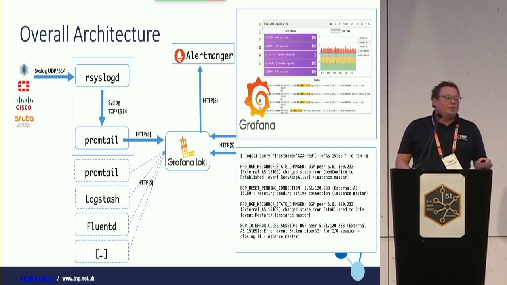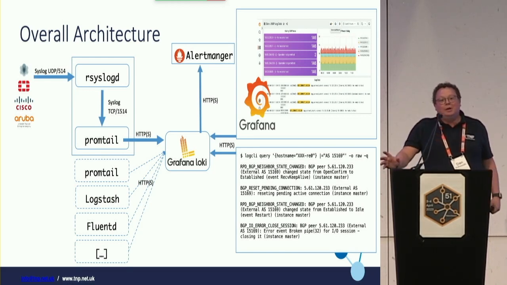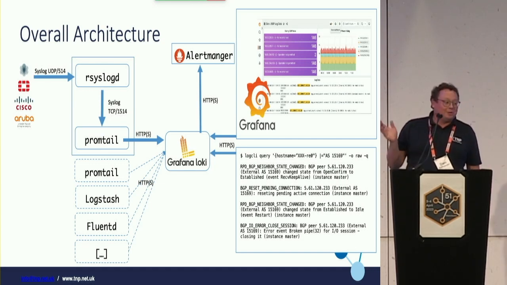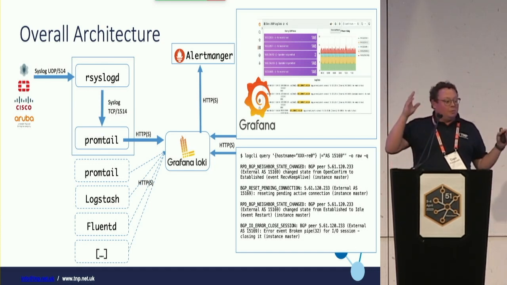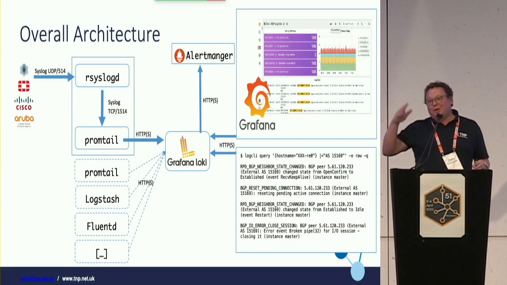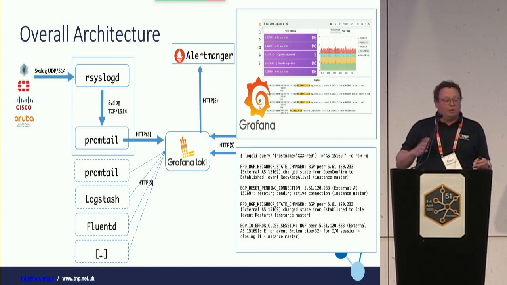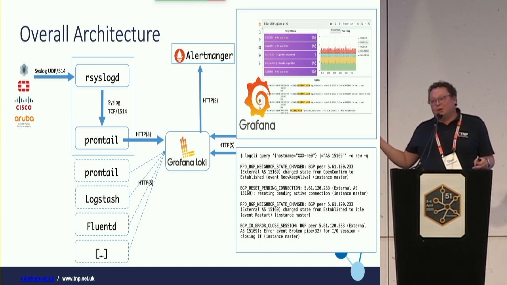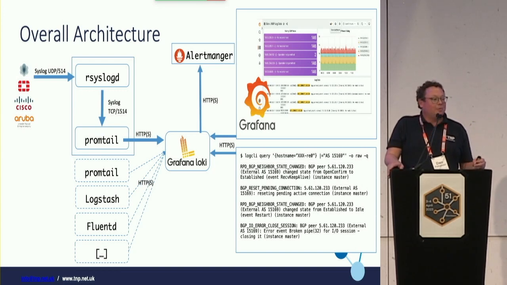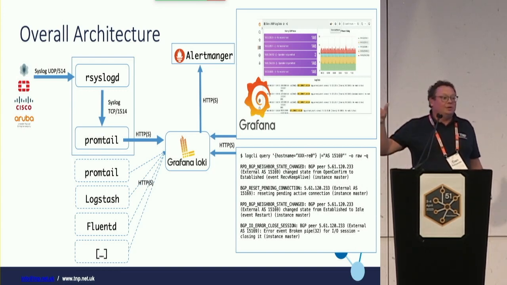So a quick run through of the architecture, starting on the slide from the left to the right. We've got three components of the whole infrastructure. There's getting the logs in, then in the middle the processing, and then on the right hand side the querying. On the left hand side we're taking syslog data from our various network devices of various vendors.